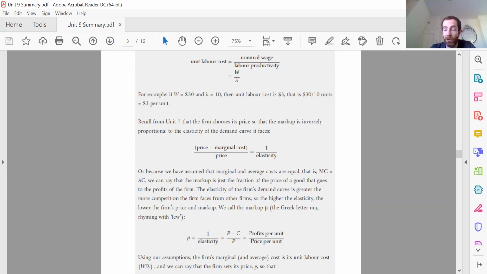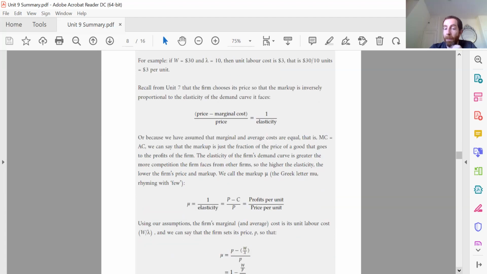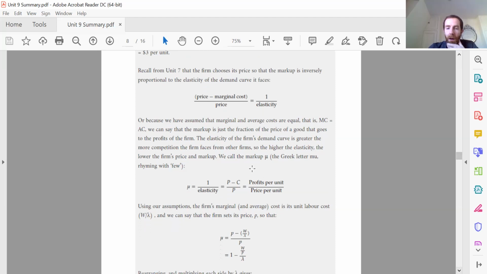Now what we're going to do is get a really explicit relationship between the real wage and the markup and also the labor productivity. Okay, what we're doing here is saying that the markup, which we represent with mu, is equal to 1 over elasticity. We saw that above.